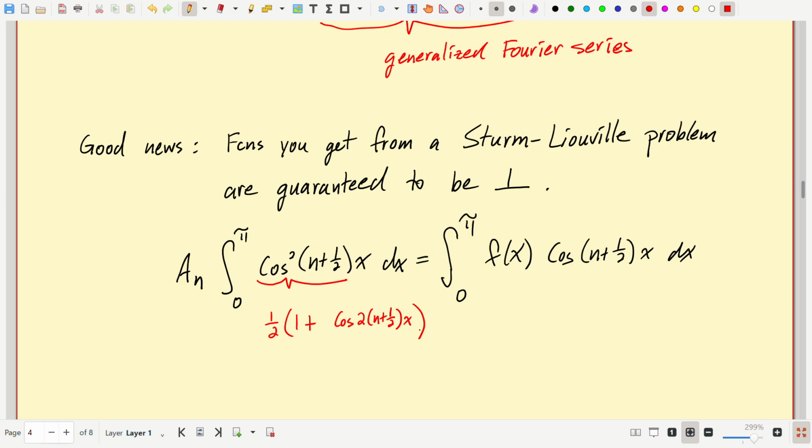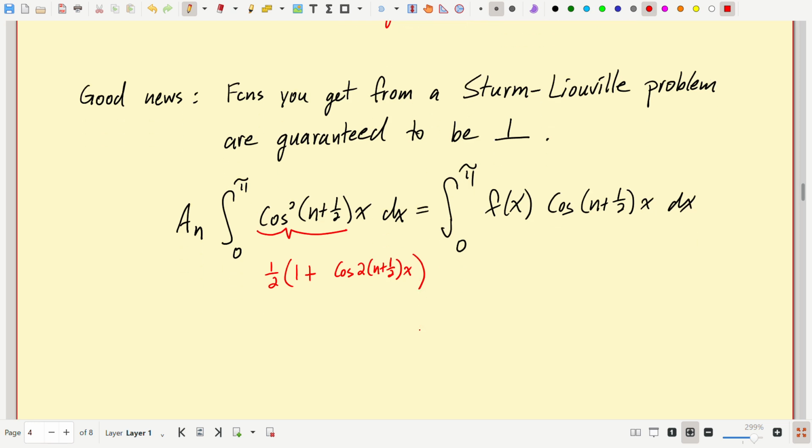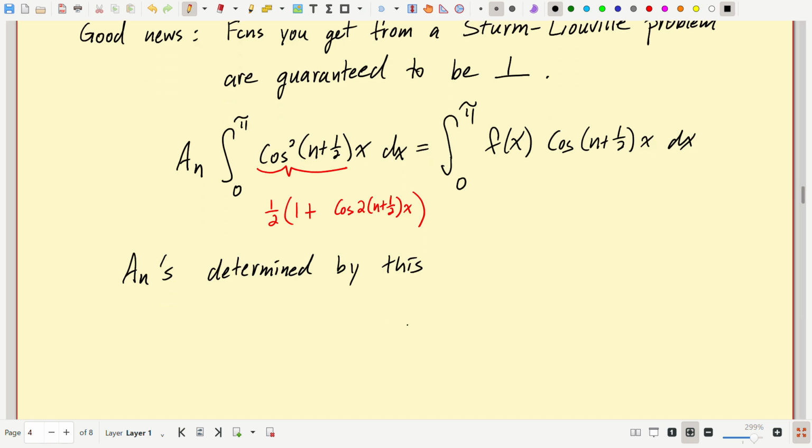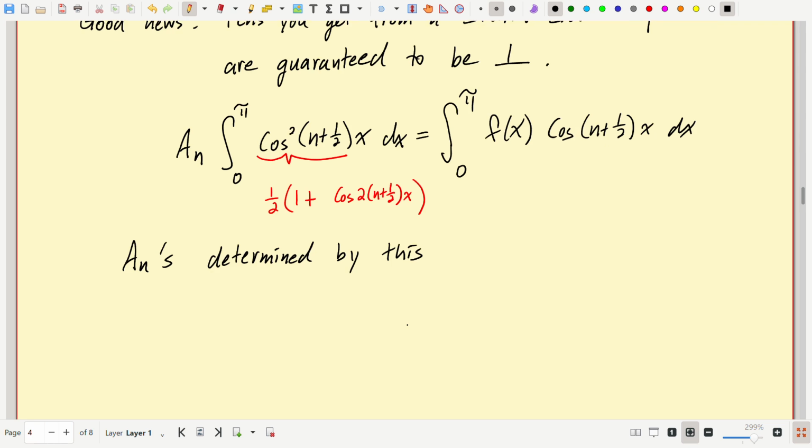Anyway, that's an easy integral from freshman calculus, and that determines the a_n's by this formula. And that's the solution. You can use Maple and determine that sure enough, it looks like it's working, it converges probably, and you can make graphs and see it all works by this formula.